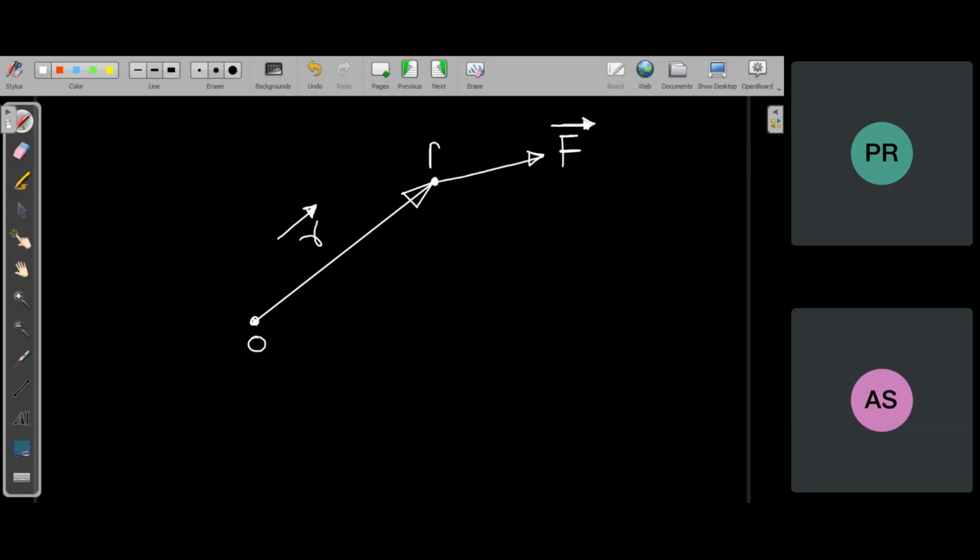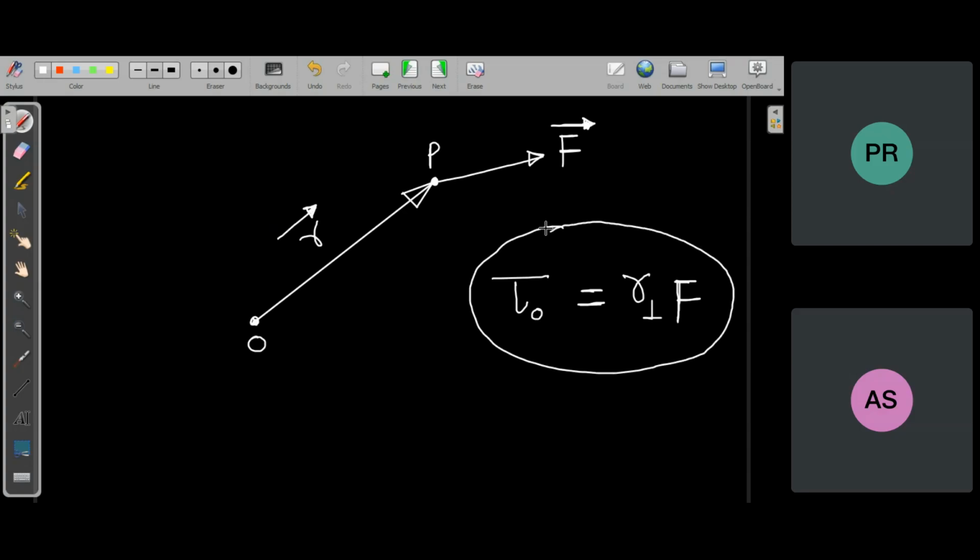But if you only want to find the magnitude, not the vector, then you can simply multiply r perpendicular with F, because rF sine theta you can write as r sine theta into F, and that r sine theta will simply give you the perpendicular distance to the line of action of force. So force is acting along this line.